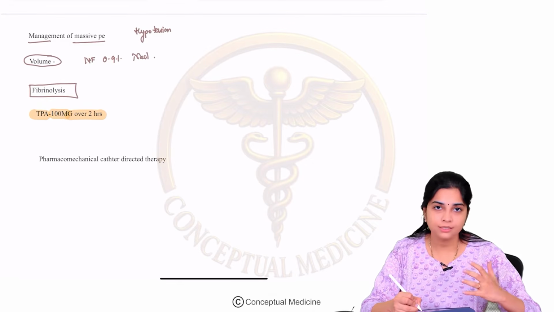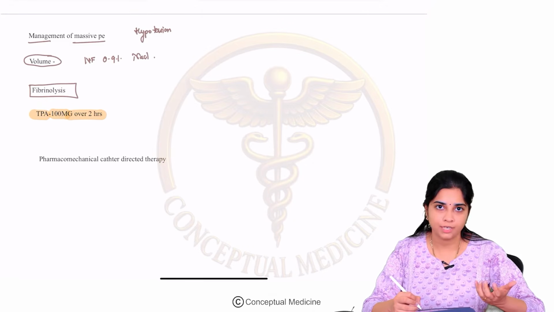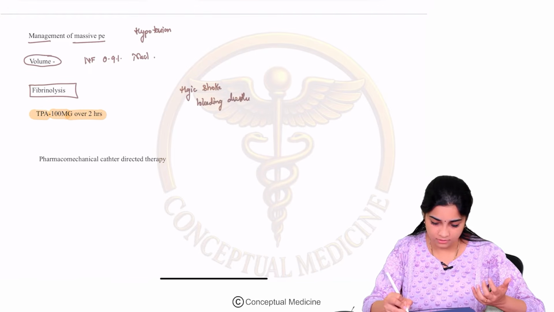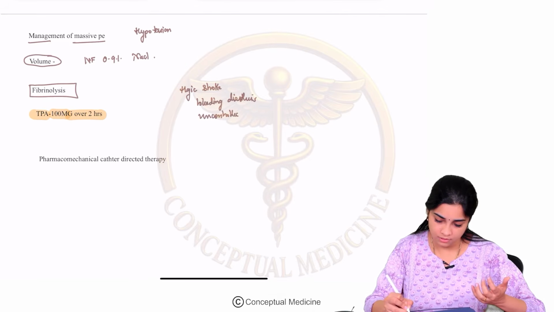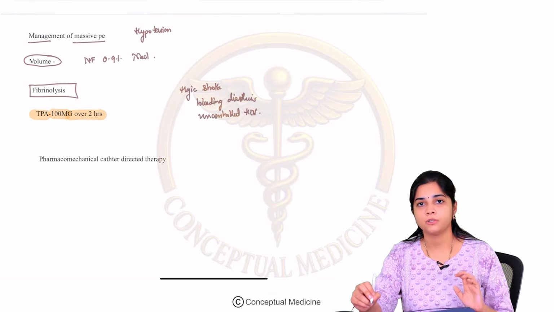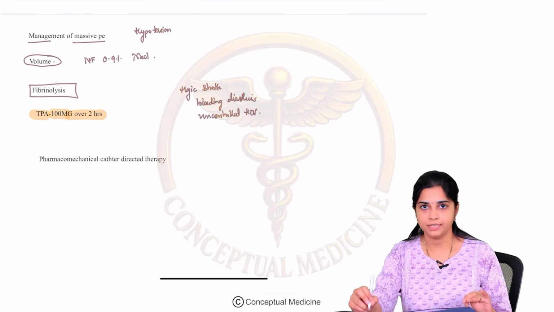So there are certain definite contraindications for fibrinolytic therapy, for example, a concomitant hemorrhagic stroke or a bleeding diathesis, uncontrolled hypertension. So these kind of checklists have to be followed before administration of a fibrinolytic agent.